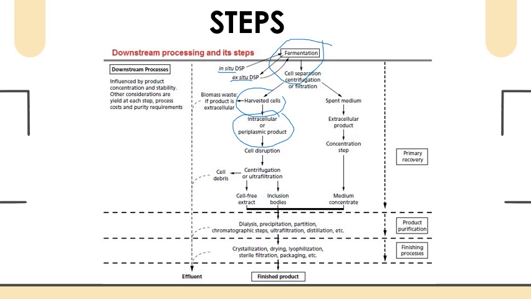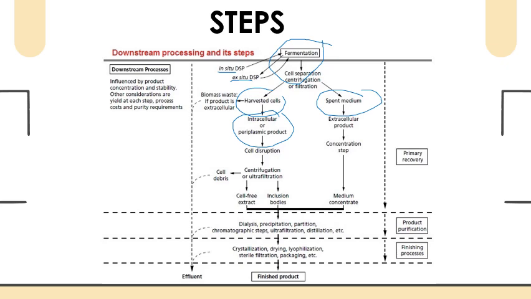We will see the process later, what are the techniques or the methods that are being used to disrupt the cells? And we are going to have our downstream process following that stage. However, if our product is extracellular, it means that we need the media.